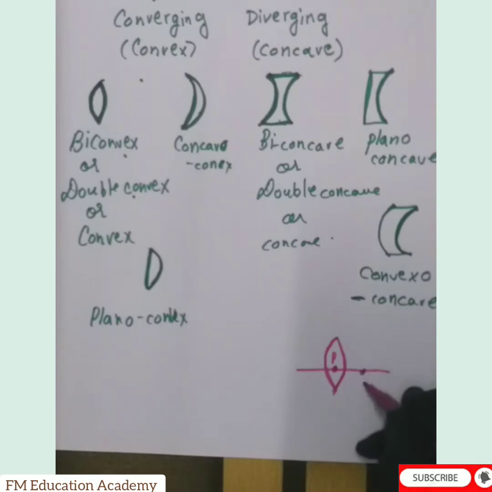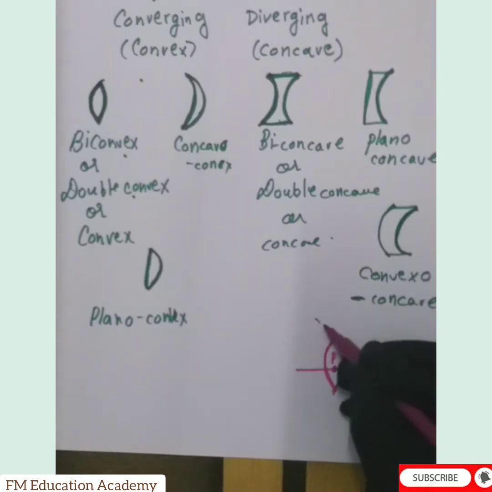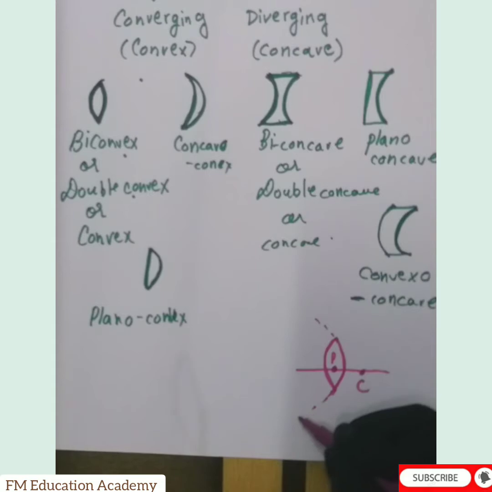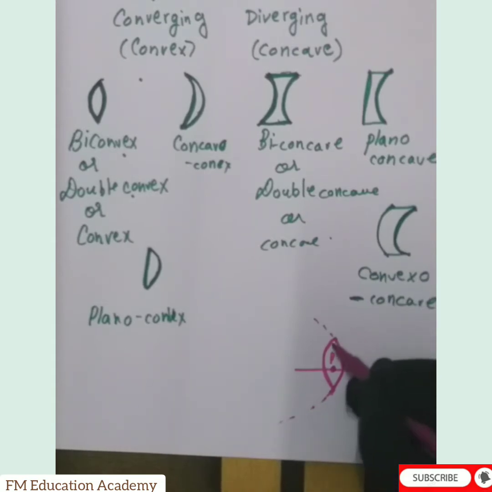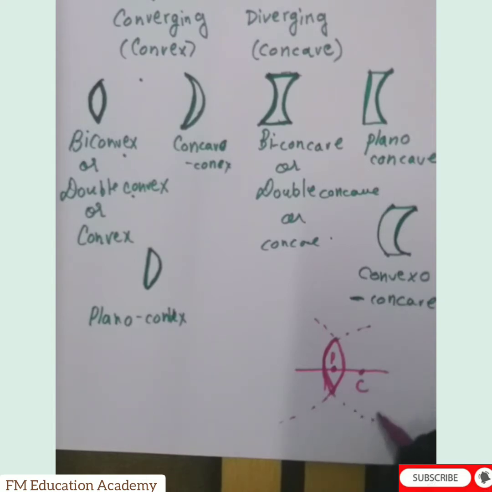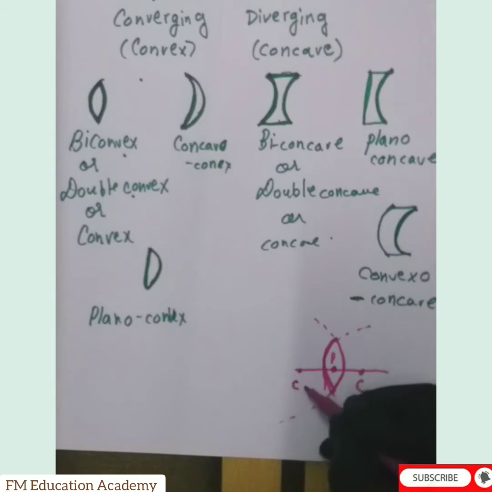A center of curvature, that is, we know that whenever this curve forms a part of a sphere, it will be called the center of curvature. Similarly, for this part, this is my circle. So this is my center of curvature. So let us suppose for convex we indicate center of curvature. On the left side we indicate by C2 center of curvature, and on the right side I indicate center of curvature by C1.